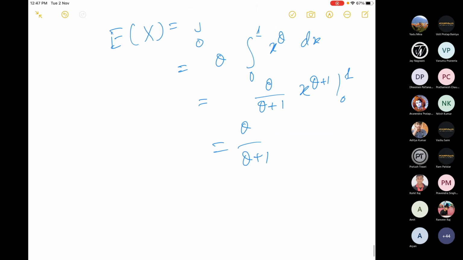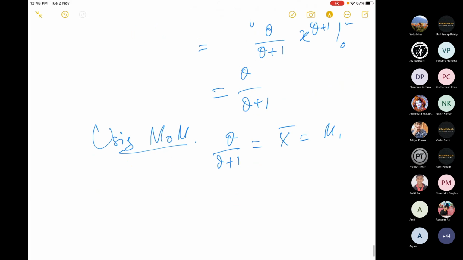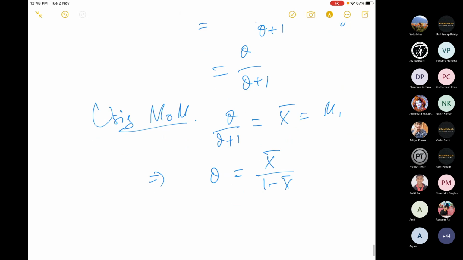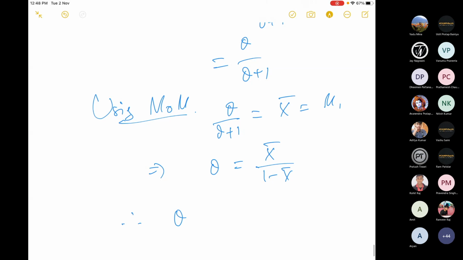So I have to equate this using the method of moments: theta by theta plus 1 is equal to x bar, because this is M1. So then what is theta? I can directly write theta equals x bar by 1 minus x bar. Therefore, theta hat is x bar by 1 minus x bar. This is my estimate.